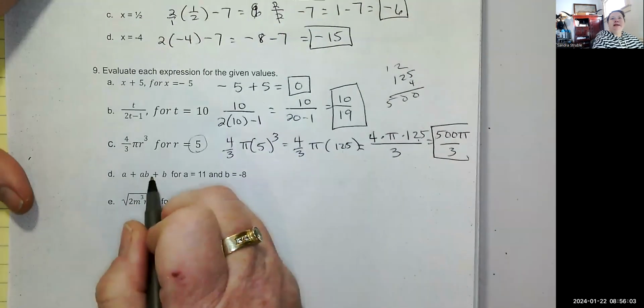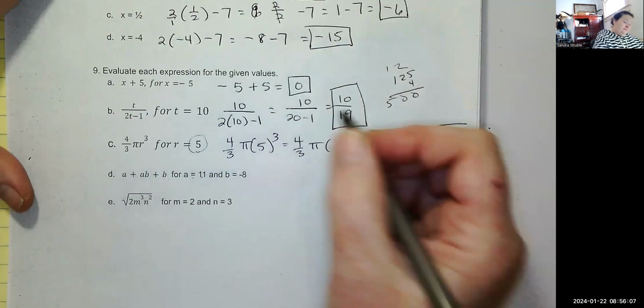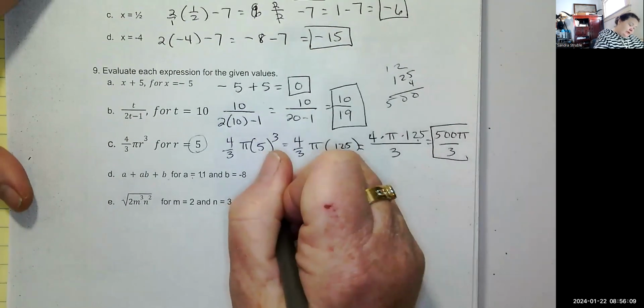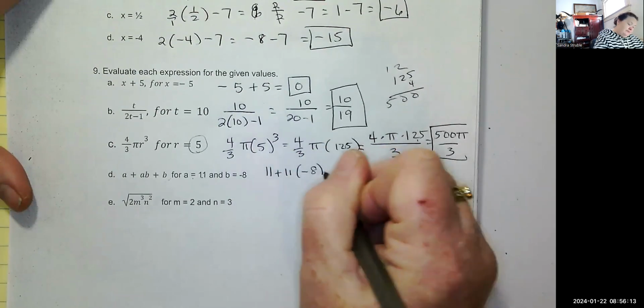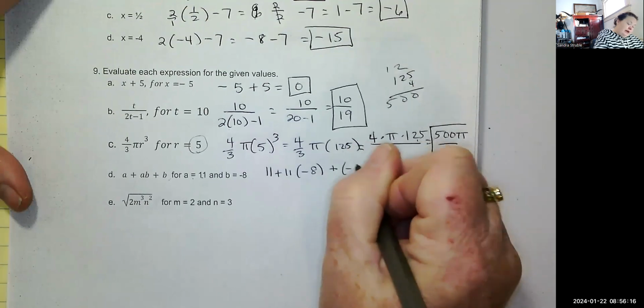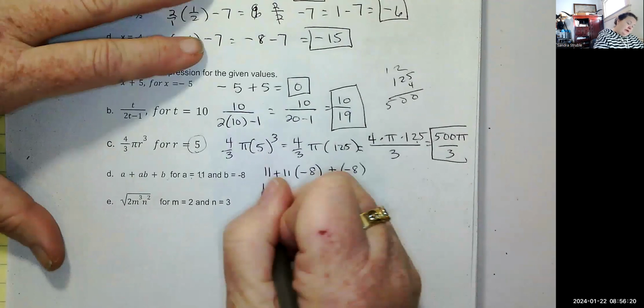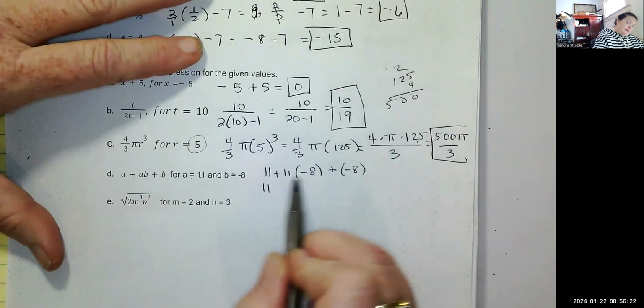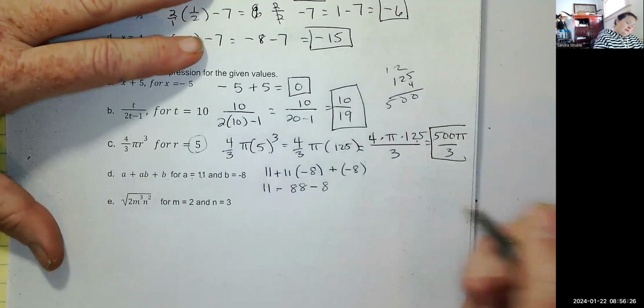All right, so a plus ab plus b. We're going to plug in 11 for a and negative 8 for b. A is 11 plus 11 times negative 8 plus negative 8. I'm just plugging in for now. All right, so this gives me 11, just going left to right. This is the negative 88, and this is negative 8.